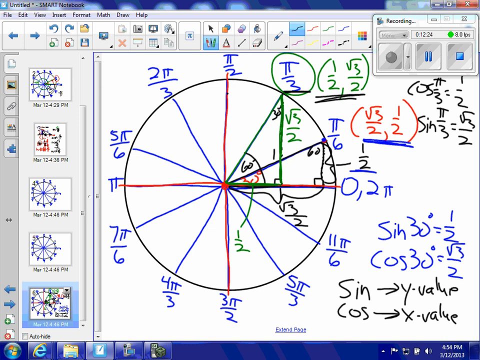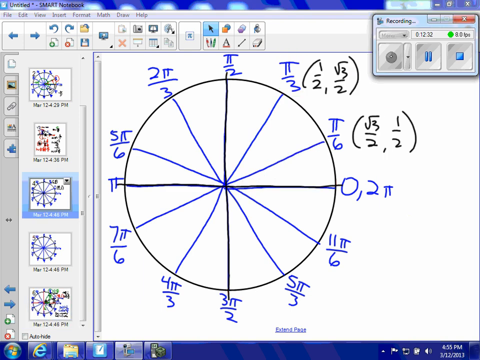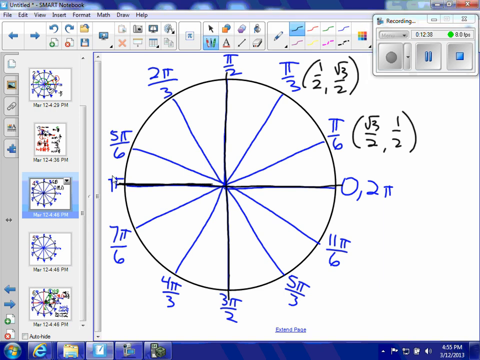Now, the only thing that I'm going to change here a little bit is that, and let's actually go to another page here. So I redrew my unit circle. I put in my x and y axes. I hope you can see them okay. And I labeled a couple of points that we just did a second ago.